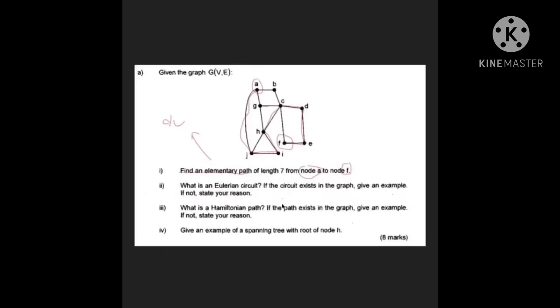Next, the question: what is an Eulerian circuit? If the circuit exists in the graph, give an example. If not, state your reason. Here we need to know if there is an Eulerian circuit in the graph.